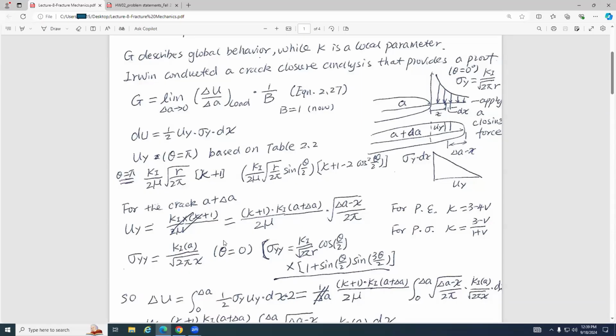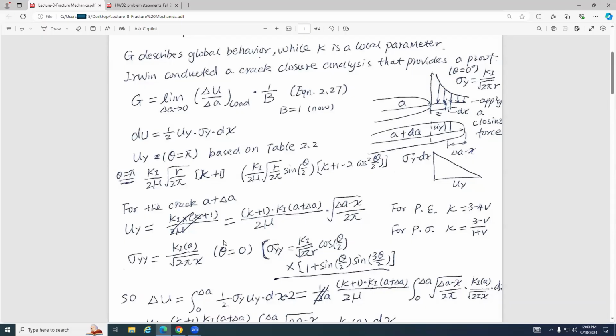So this is uy. So for the crack A plus delta A, this one is from the equation from the table. And for the crack A plus delta A, uy needs this one changed a little bit. 2 mu, kappa plus 1.